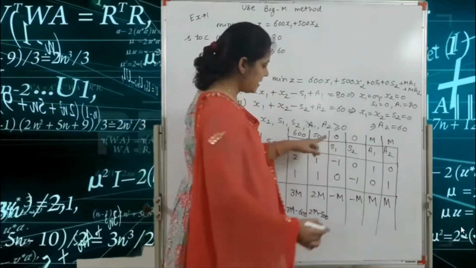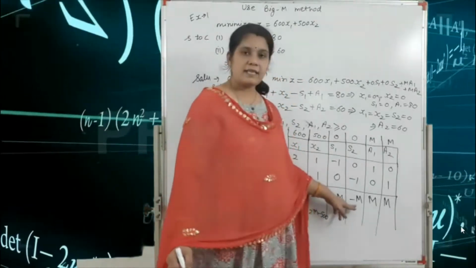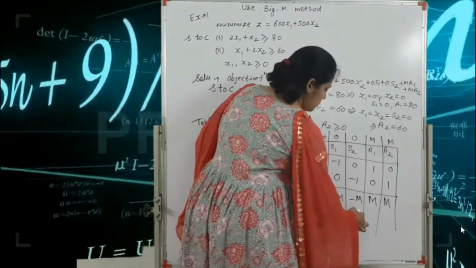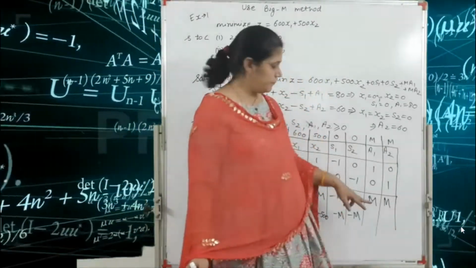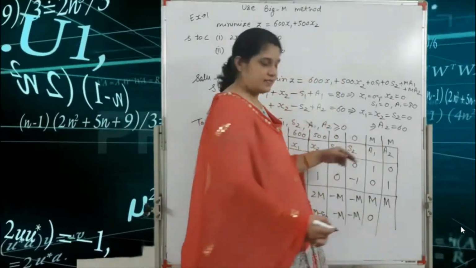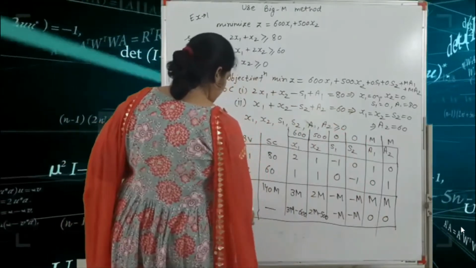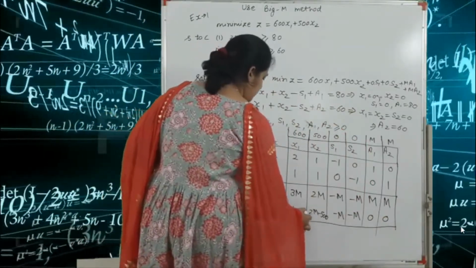Minus M minus 0, so minus M. Minus M minus 0, so minus M. Then M minus 0 and M minus 0. So this is our table number 1 or initial table.